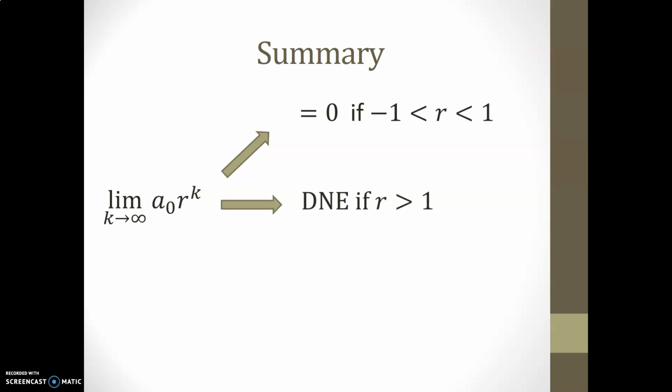If the ratio is bigger than 1, then the terms grow and eventually go towards infinity, so there's no limit per se to the sequence. And the limit does not exist either if the ratio is -1 or less, because of the alternation of signs that will take place, as well as the fact that it might grow to plus or minus infinity.